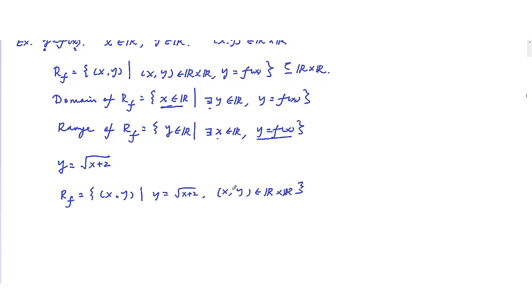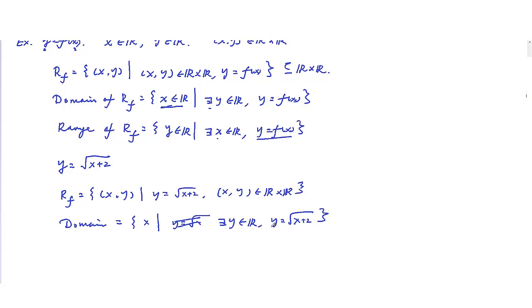So that is the definition of the relation for this function. Then the domain for this function will be all x such that there is a y in the real number set such that y equals square root of x plus 2. So that is the domain for this.